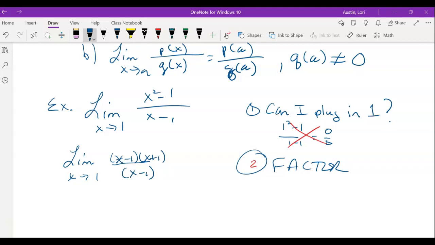If you remember from pre-calc, this is actually what creates holes. What creates holes is when my rational function is in factored form, does something cancel? And in this case, does something cancel? Yes. And it's that thing that causes the issue. It's that hole that cancels away. Okay? That's what tells me there's a hole at 1, because it canceled.